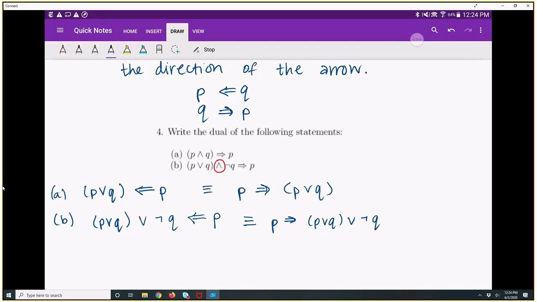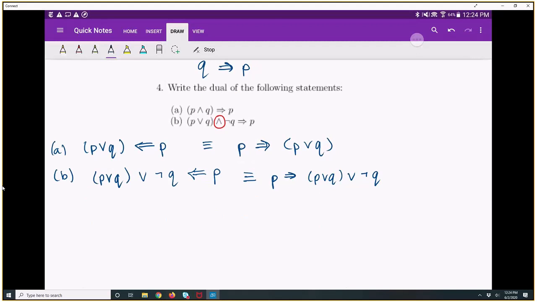But now let's think about the laws that we learned. We learned the associativity law, so this should be equivalent to P implies P or Q and or not Q by associativity. This was duality.